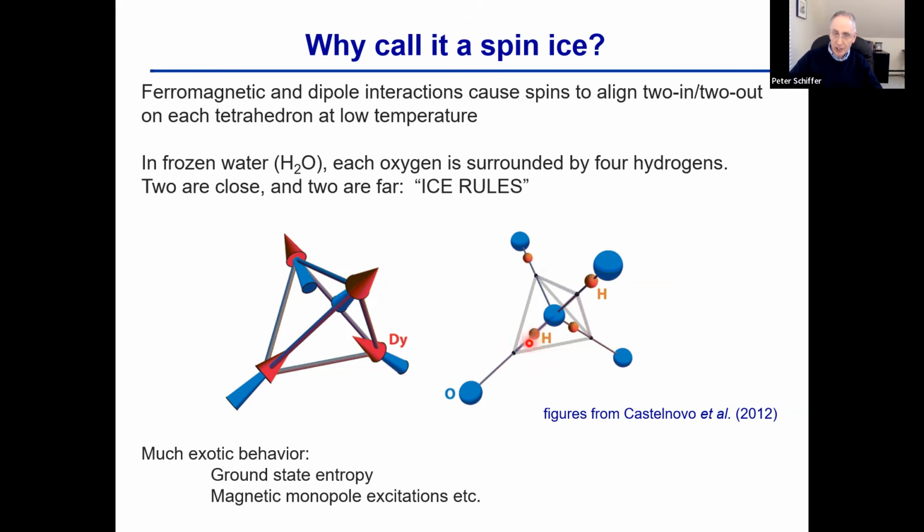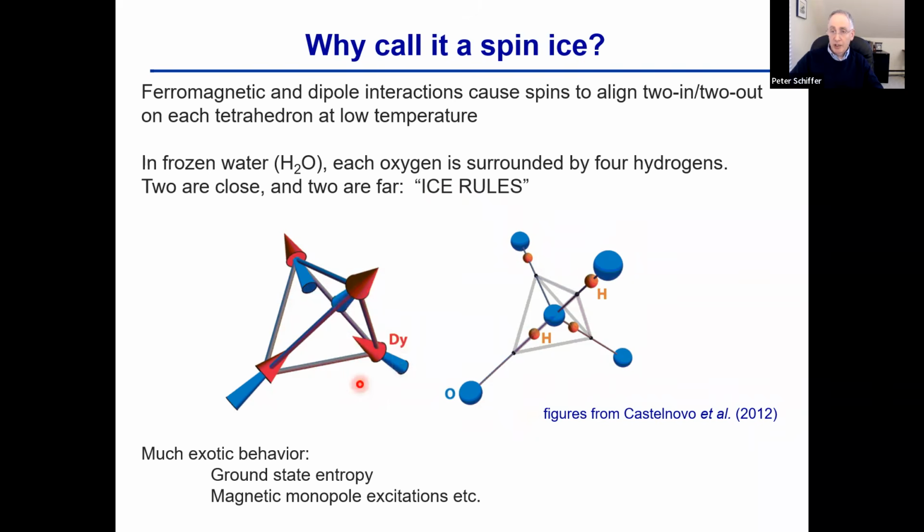The hydrogens in ice are 2 close to each oxygen and 2 further away. And this leads to very interesting statistical mechanics that is exactly mirrored in the spin ice. And that's why it's called spin ice. And this 2 in, 2 out structure is famous enough, it's called the ice rule. And both spin ice and real ice follow the ice rules.